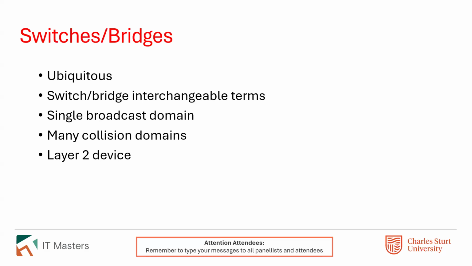So a switch allows that to occur, and therefore there's a collision domain per device, which is the same as having your own highway from your home with no one else on it. You can't exactly run into anybody if there's no one there, versus a hub where it might be, I don't know, Parramatta Road on a busy day if you live in Sydney, where there's hundreds of cars, hundreds of other vehicles, plenty of opportunities to get yourself in trouble, as it were.